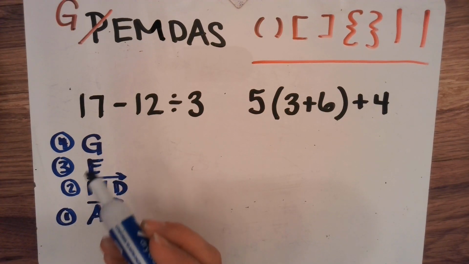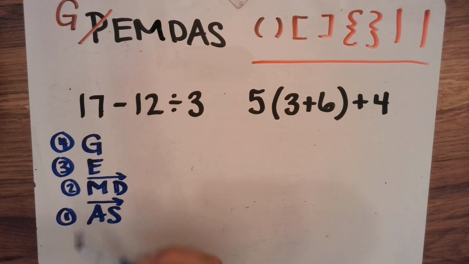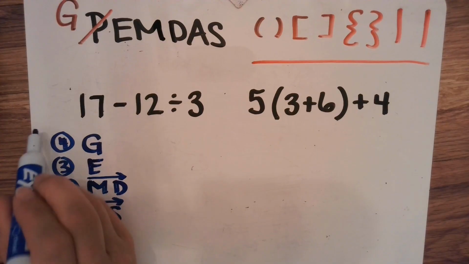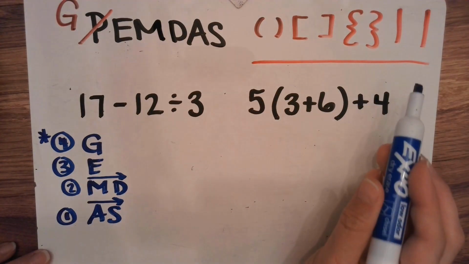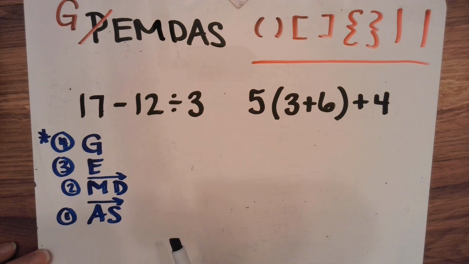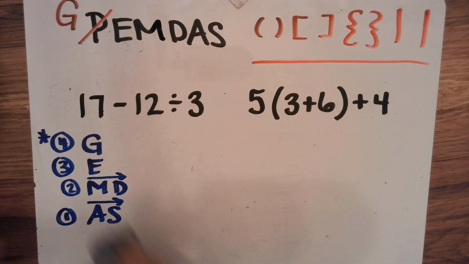Then we go to the next hardest and all the way down to the simplest tasks, which would be addition and subtraction. So we start with the harder things first, all those groupings, and then work our way down to the easiest levels. So let's look at these examples.